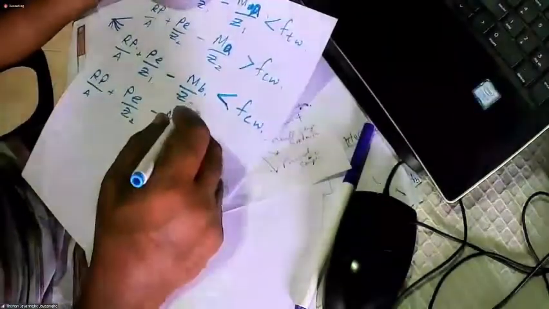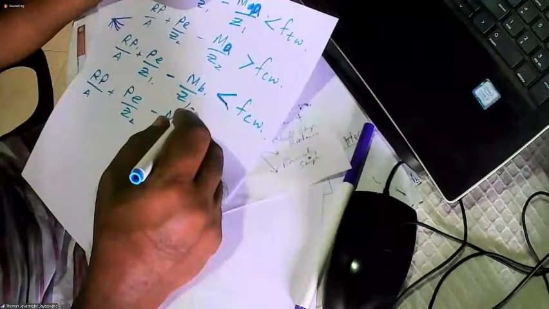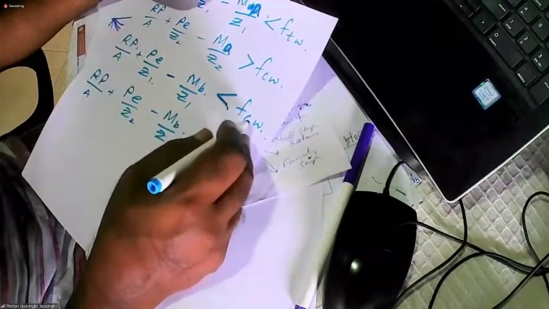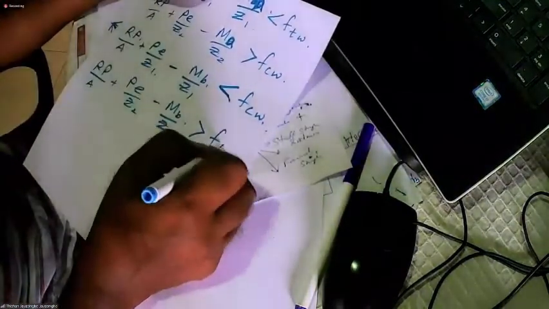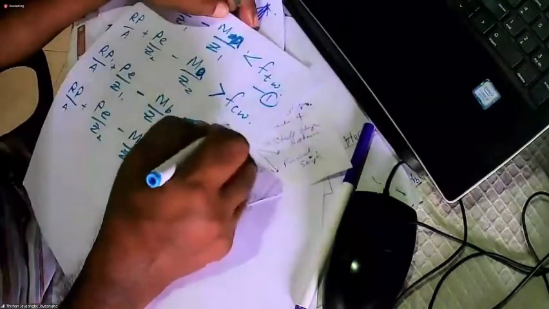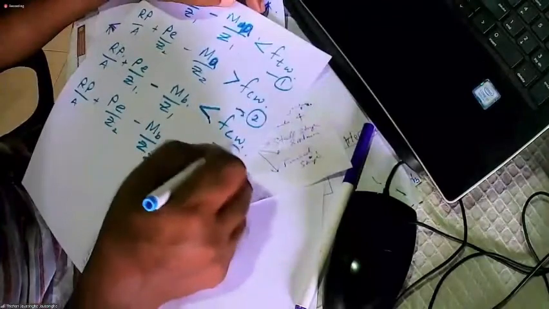Maximum moment, bottom fiber will fail in compression and top fiber will fail in tension. Maximum moment, top fiber will fail in compression and bottom fiber will fail in tension. So this is equation number 1, 2, 3, 4.